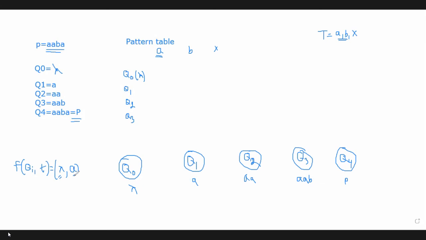Now we have a character A, so it will move on to the next state, that is Q1. If Q0, the initial state, accepts a character A, then it will move on to its next state, that is Q1. Is that clear?